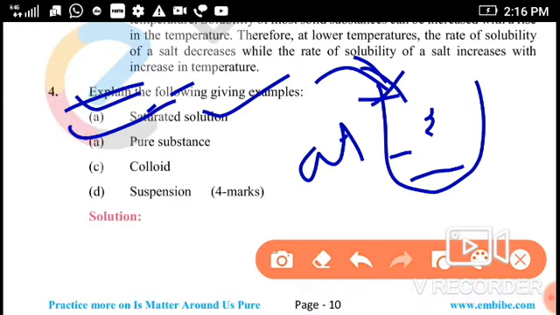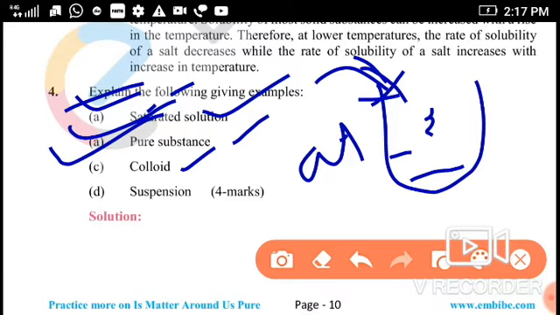What is pure substance? Already discussed, which are made of the same type of particles. For example, water. If water has only water particles, then it is considered pure. But if it has dust, oil, grease and something else, then it will be impure. Colloid. Colloid, example like milk.